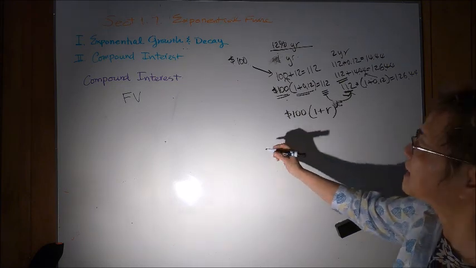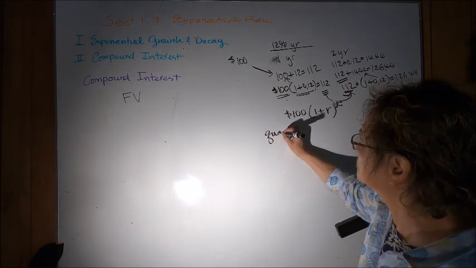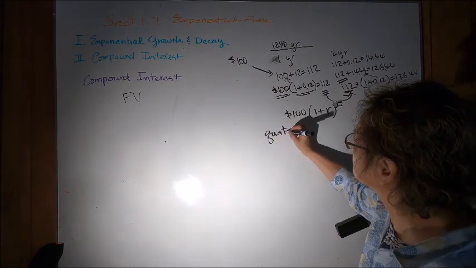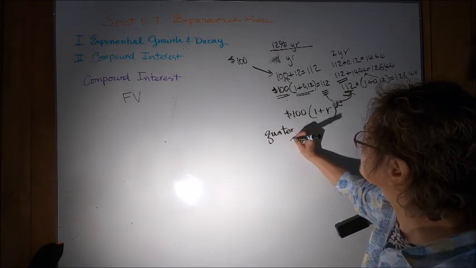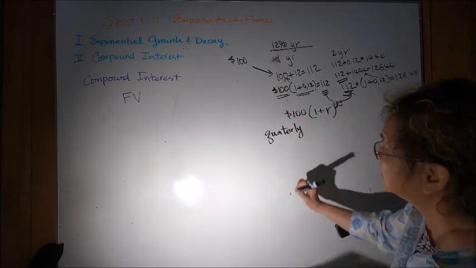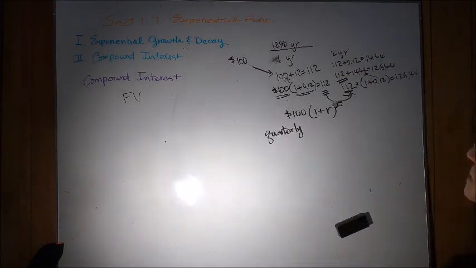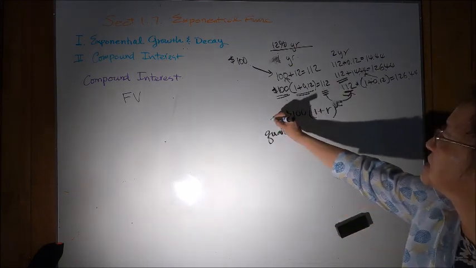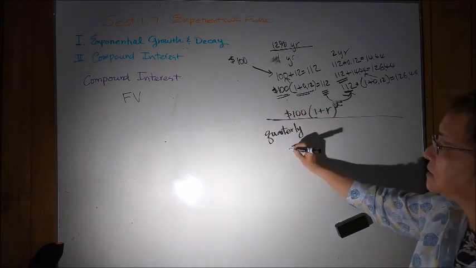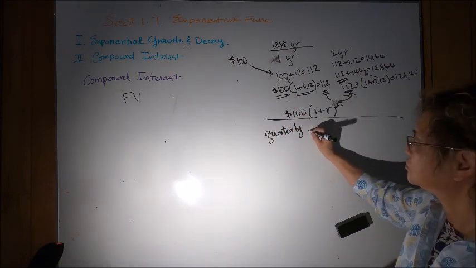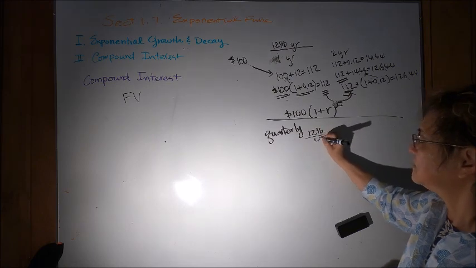If you accumulate quarterly, say, quarterly, right? Okay, so 12% a year, quarterly, how much can you make? So 12% divided by 4.